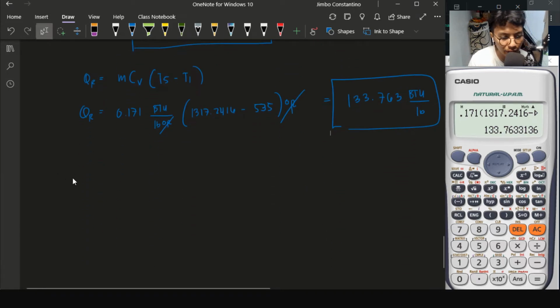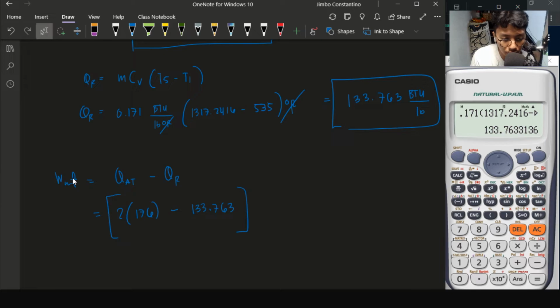How about the work net? That is QA total minus QR. That is 2 times 176, kasi dalawa lang naman yun eh, and then parehas pa ng value, minus 133.763. Ang unit is BTU per pound.